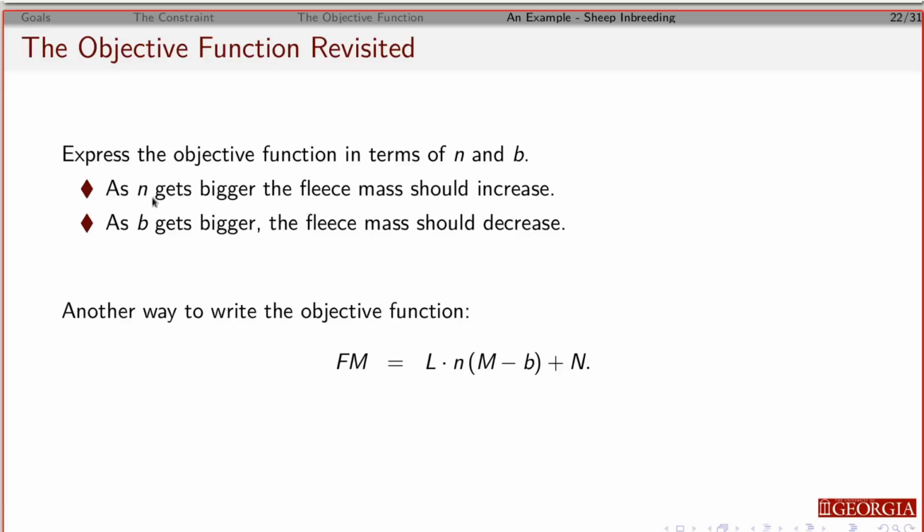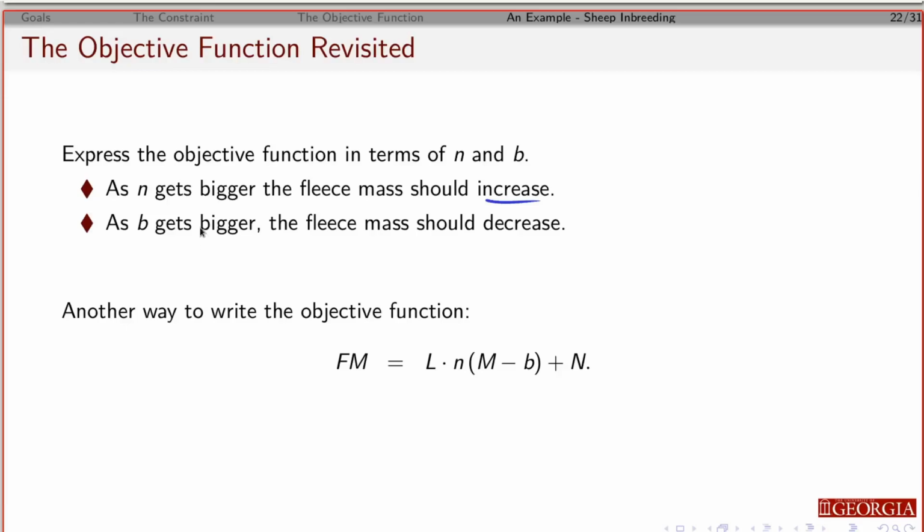What do we know? If the number of inbred sheep is small, this is the number of non-inbred sheep, right? So if this is big, we should expect the fleece mass to get big.